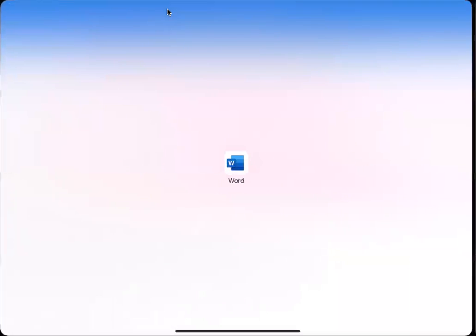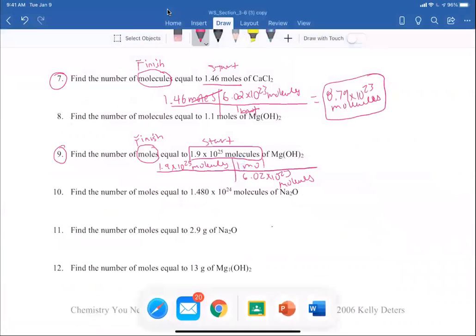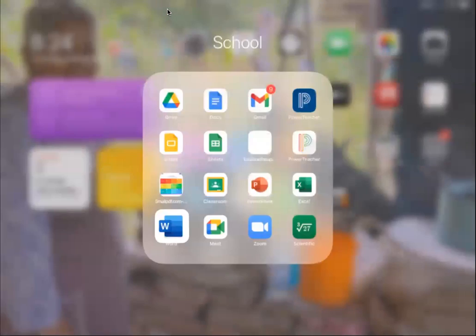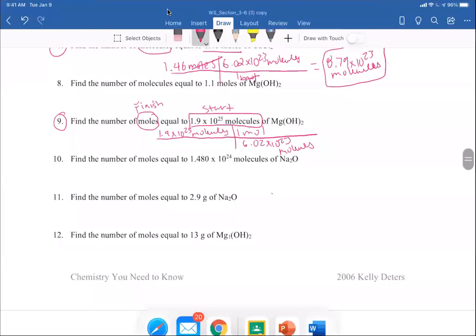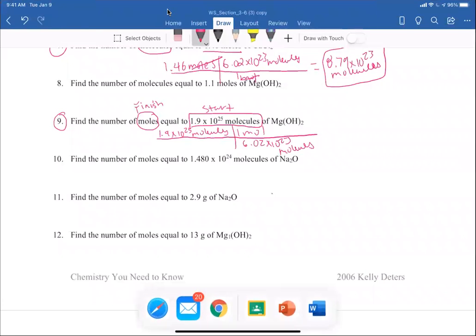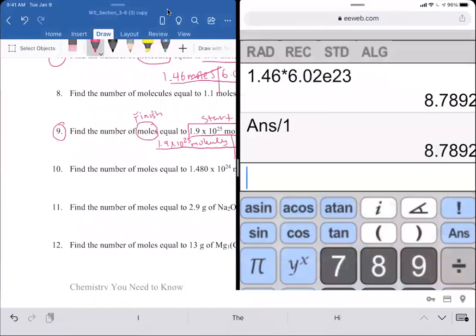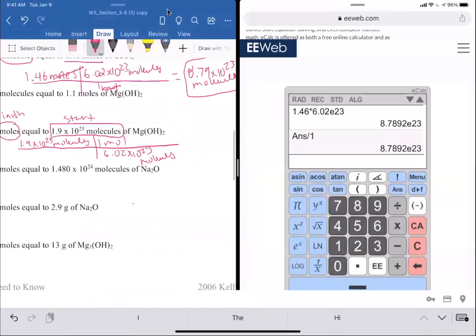Okay. So now that we have that, we can use our calculator. In our calculator, we're going to put 1.9 e to the 25th times 1 divided by 6.02 e to the 23rd.